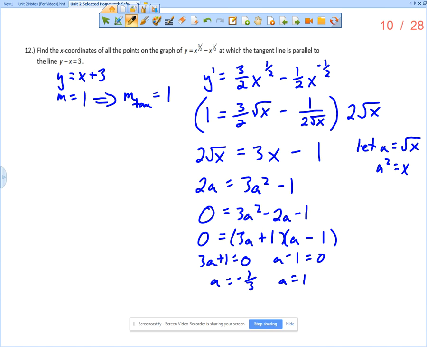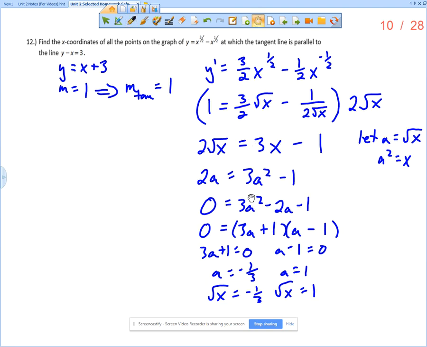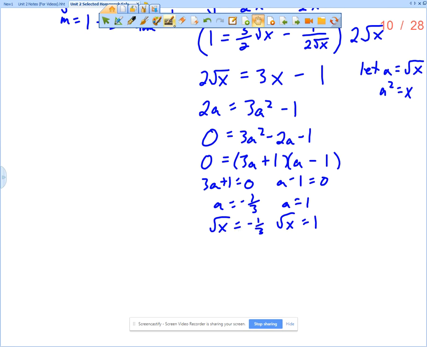That sounds great, but the problem said find the x coordinates. So we have to remember that a is equal to root x. That means root x equals negative 1/3, or root x equals 1. Make sure you pay attention here. Root x equals negative 1/3 is not possible, because the square root of x cannot be a negative value.